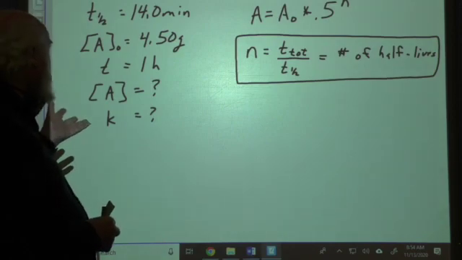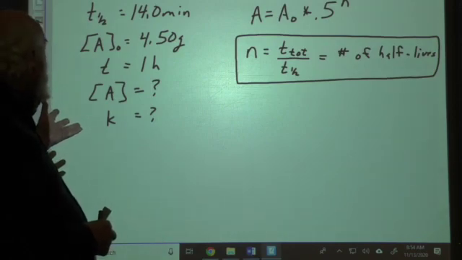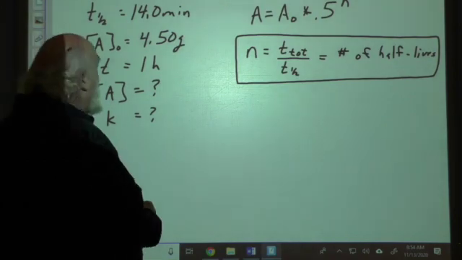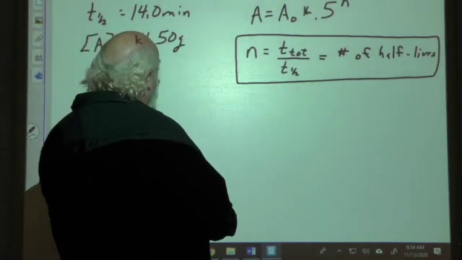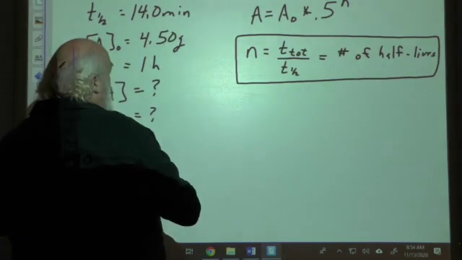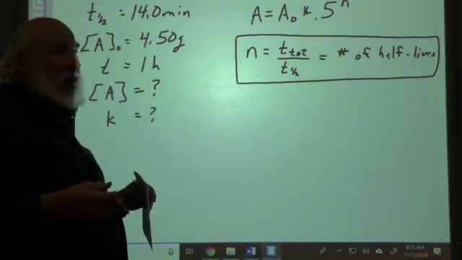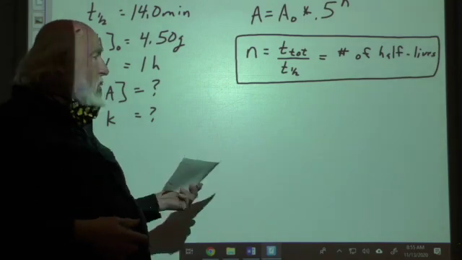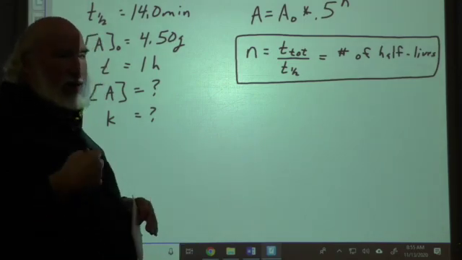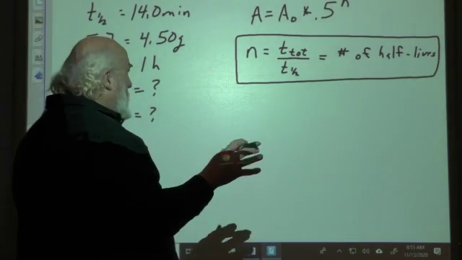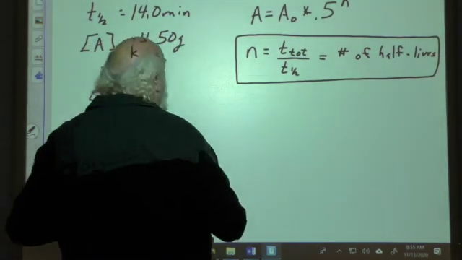Now, let's plug in this stuff here. So the total time here is 1 hour, which is 60 minutes. We're going to need to have the same label, so I'll go 60 minutes. Now we could change it both to seconds, but it's really not necessary until we get to the K part, which should be expressed in seconds to the -1. So we'll just try to get the same one for them.